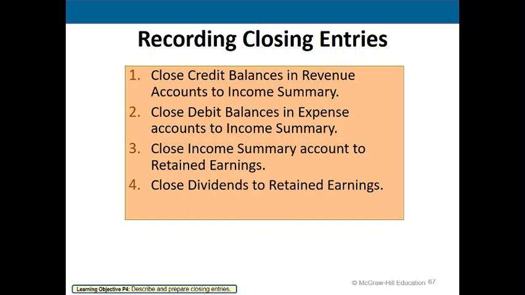What you're going to end up with after those two entries is the difference of those amounts. It's usually going to be a credit balance, which is the difference between your revenues and expenses, and it's the same amount as you reported for net income.